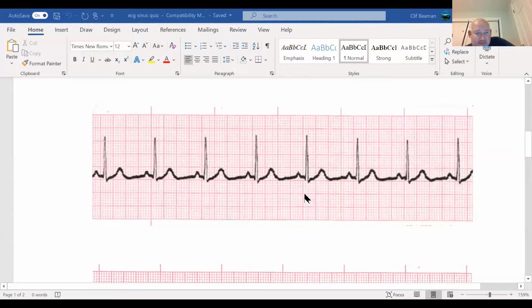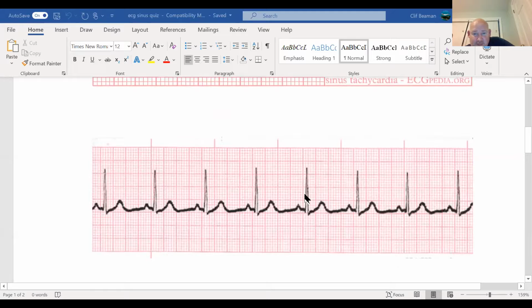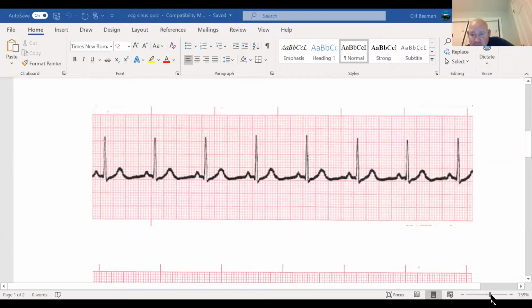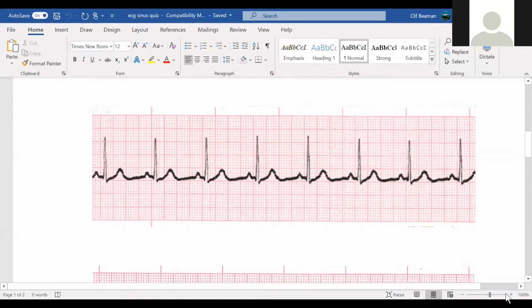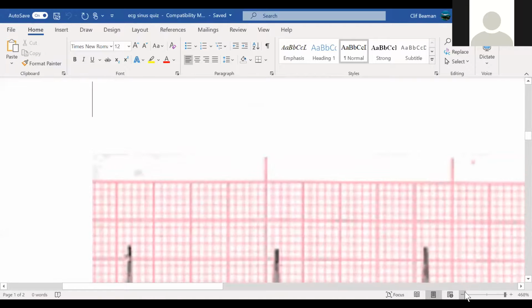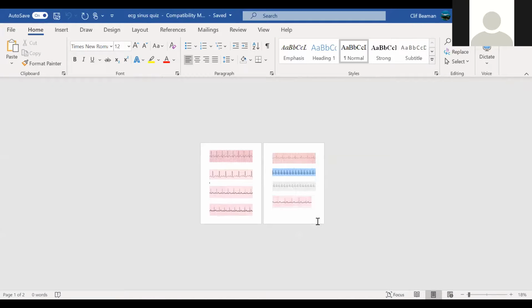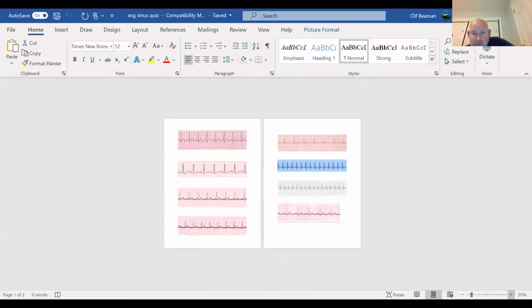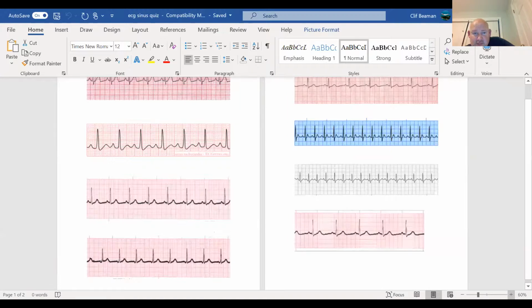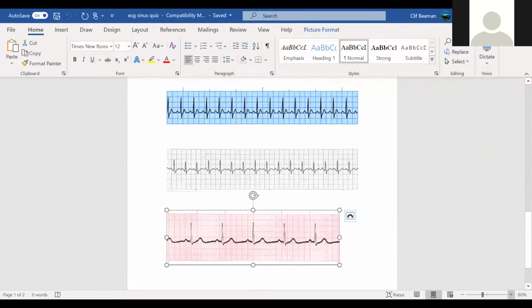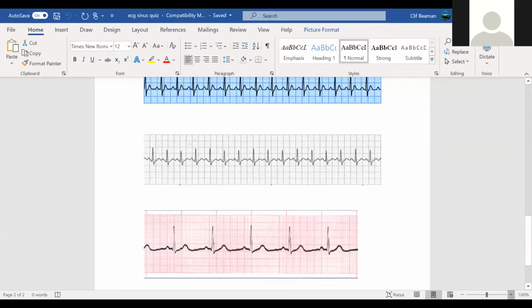So here, let's go back to this. You guys see this strip now? Yeah, I see it.